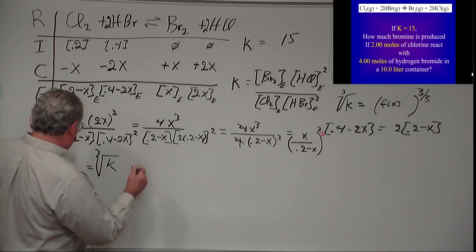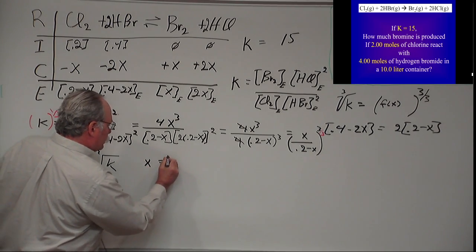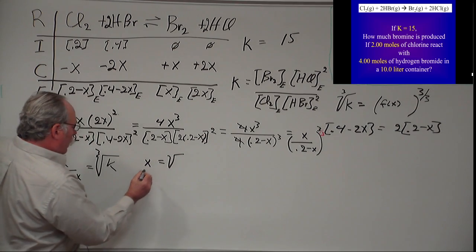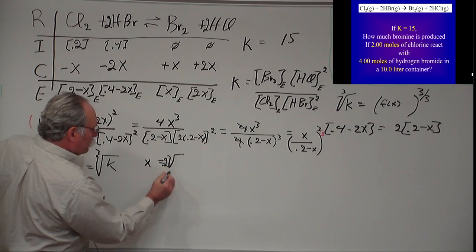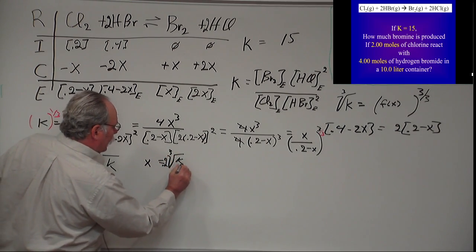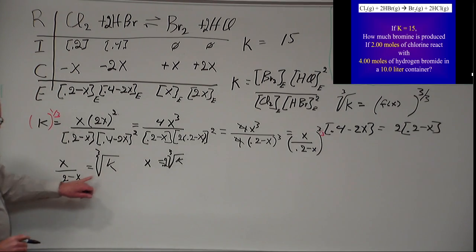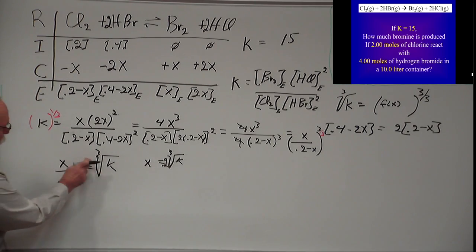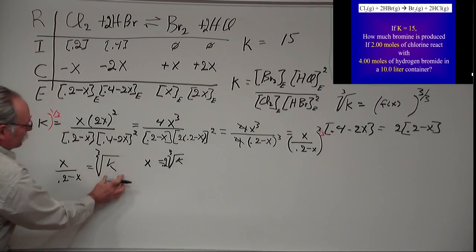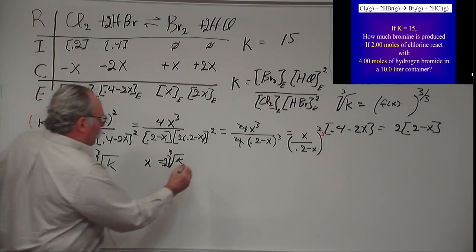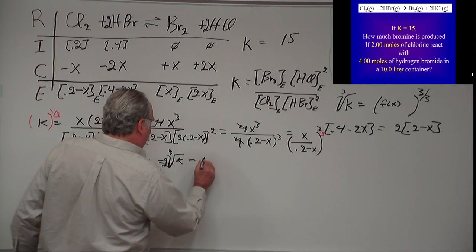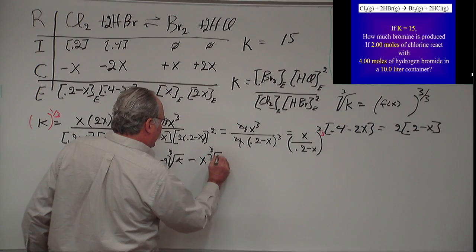So I have x is equal to 0.2 times the cube root of k. It's smart to put the number in front when you multiply something by a cube root, because otherwise you may think it's part of the cube root, minus x times the cube root of k.